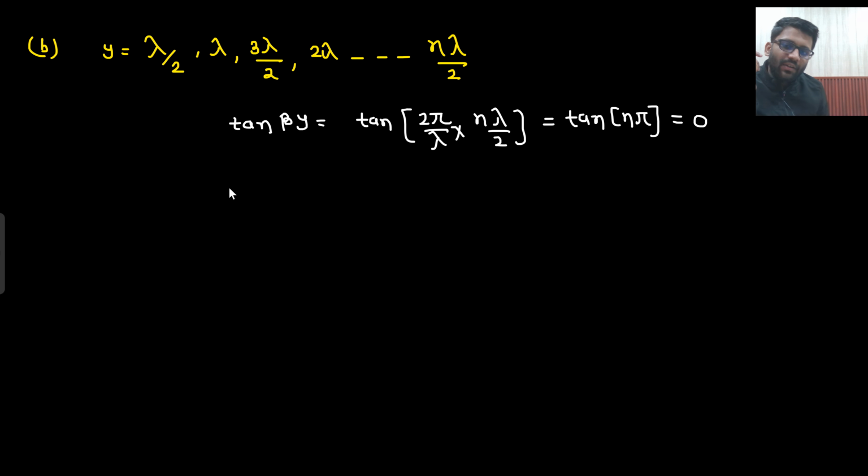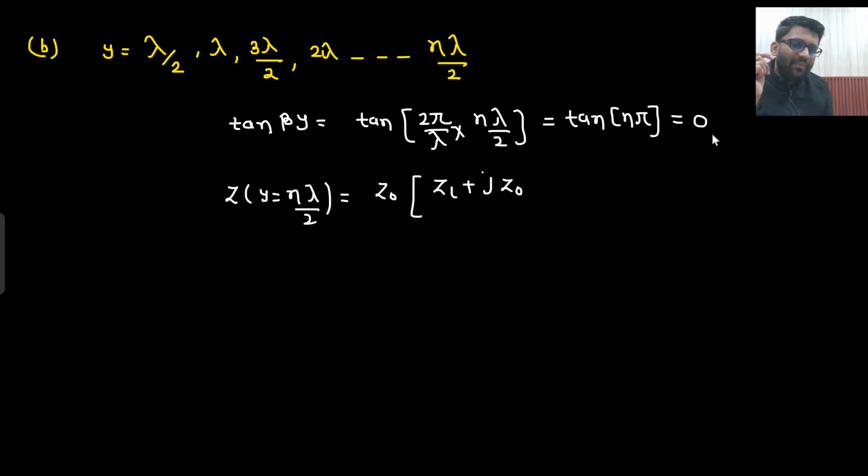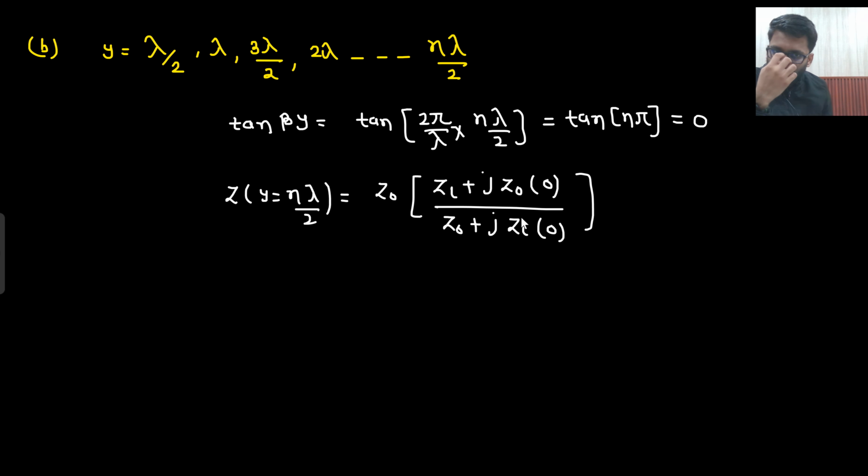So what will be our formula? Y equals n lambda by 2. The formula would be Z naught into ZL plus j Z naught tan beta y, that is 0 only, divided by Z naught plus j ZL tan beta y, that is 0 only. So this is gone, and Z naught will get cancelled.